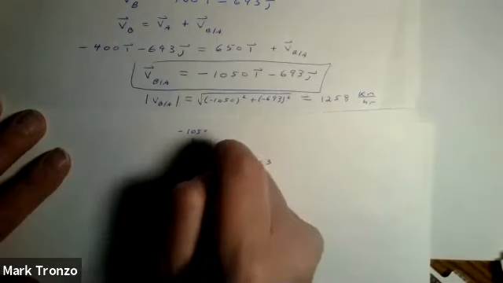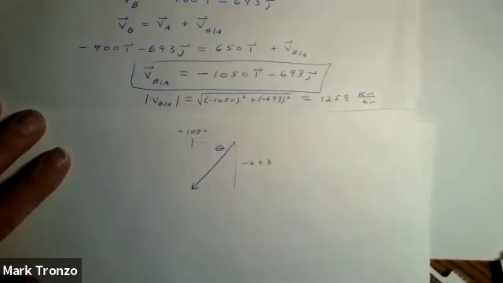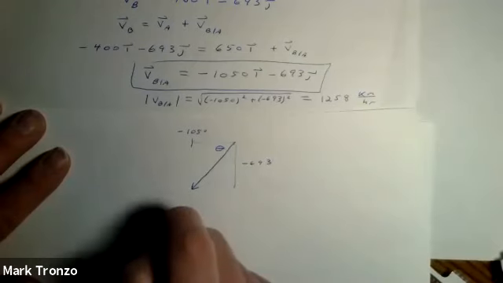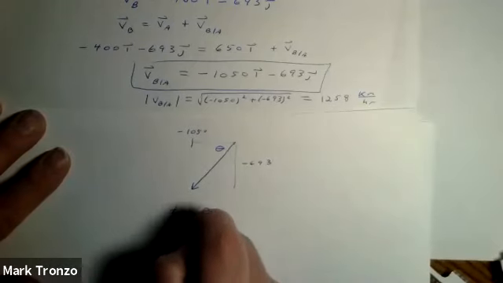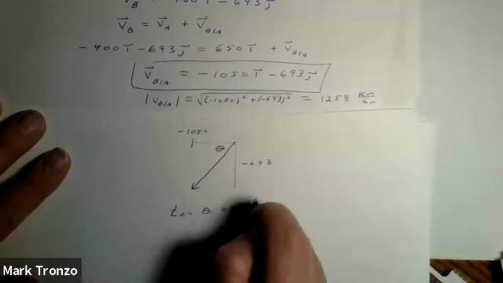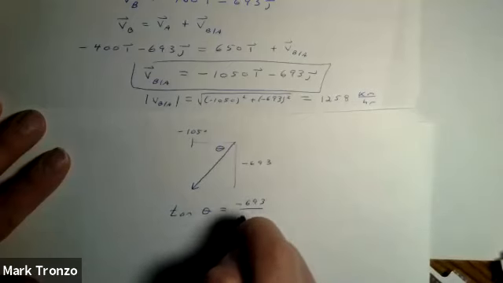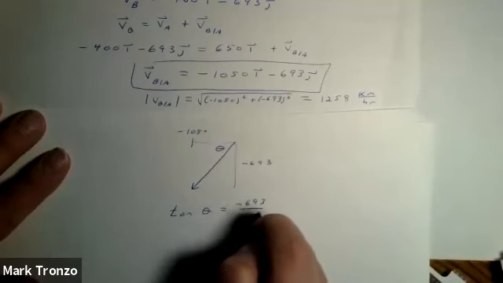So if you want to find the angle with the horizontal, tangent theta equals minus 693 divided by minus 1050.